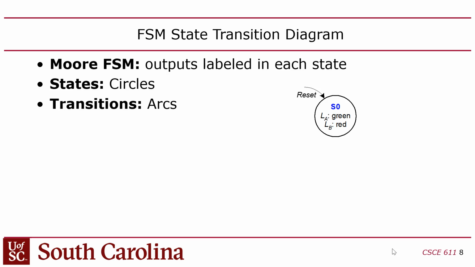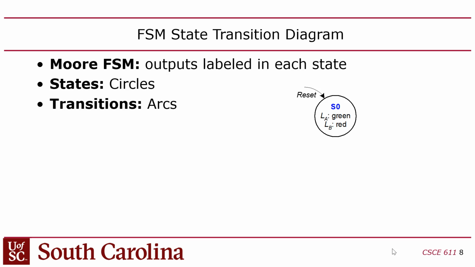And then the outputs are listed in the state, and this is something you do for a Moore machine, because each state will only have one set of outputs. If this were a Mealy machine, the outputs would actually be on the outgoing transitions. But since it's a Moore machine, each state will have its own output. So we're going to have light on Academic is green, light on Bravado is red.